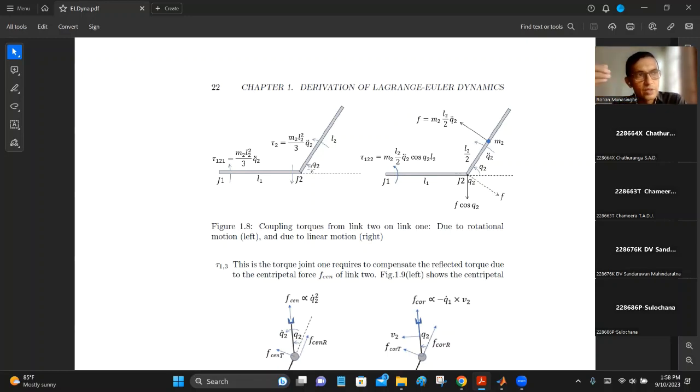The Q2 double dot is the acceleration of link 2, and the torque required for that is this much. So it is applied on link 1 at the end of link 1, right, in the opposite direction. So when it comes to a torque, it doesn't matter where it applies. It's the same torque wherever it is, right?